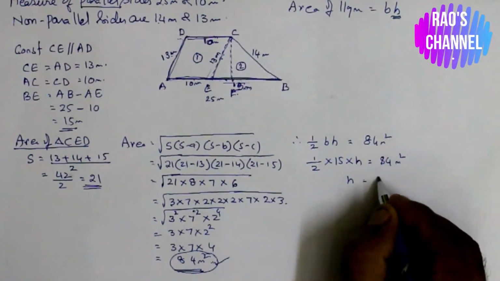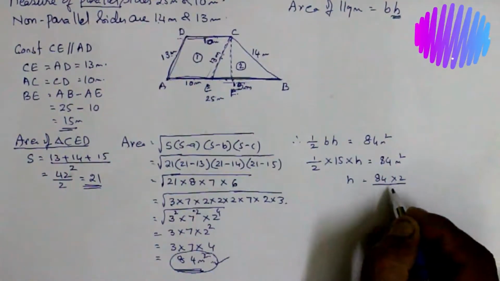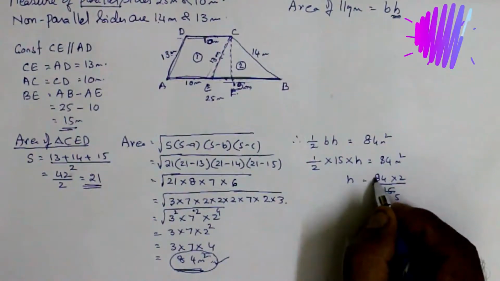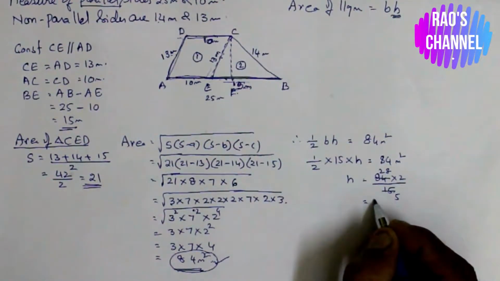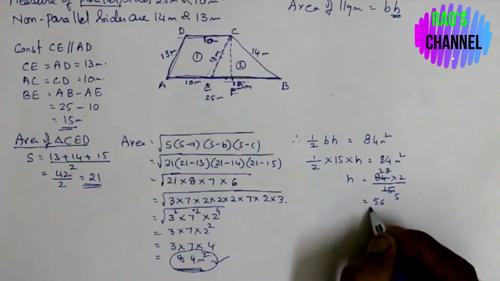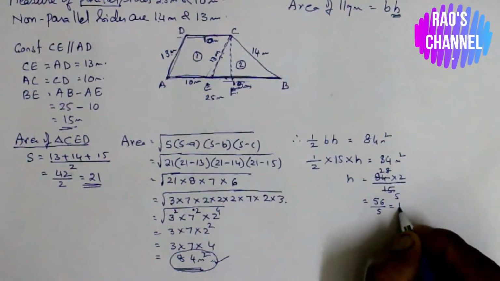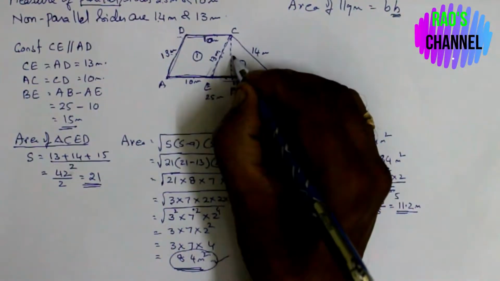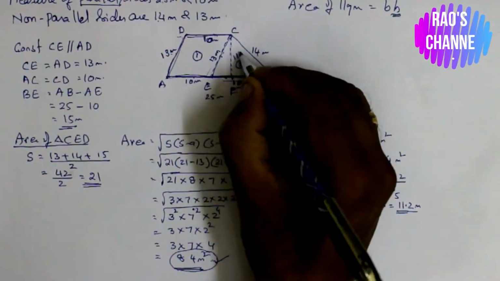So H is equal to 84 into 2 by 15. 5 times 3, 28 times, which is 56 by 5. I get 11.2 meter. So we got the altitude, that is 11.2 meter.